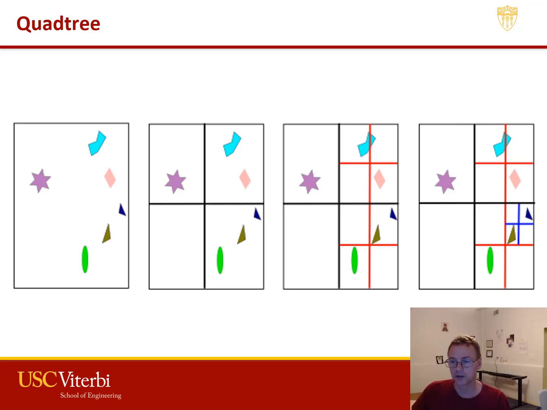How we'll use this for visibility is we'll throw our camera frustum into the scene. Let's say the camera is right here and it's looking down like so, and there's our view frustum, for example.